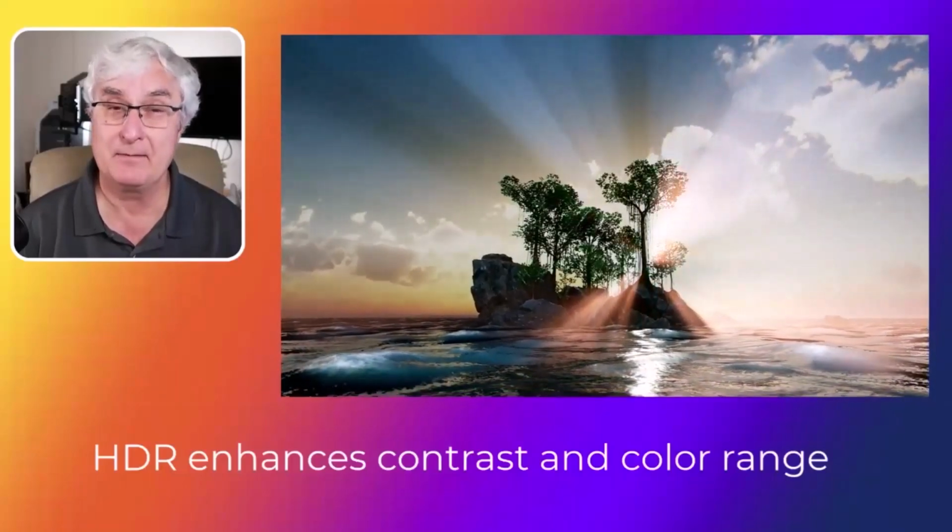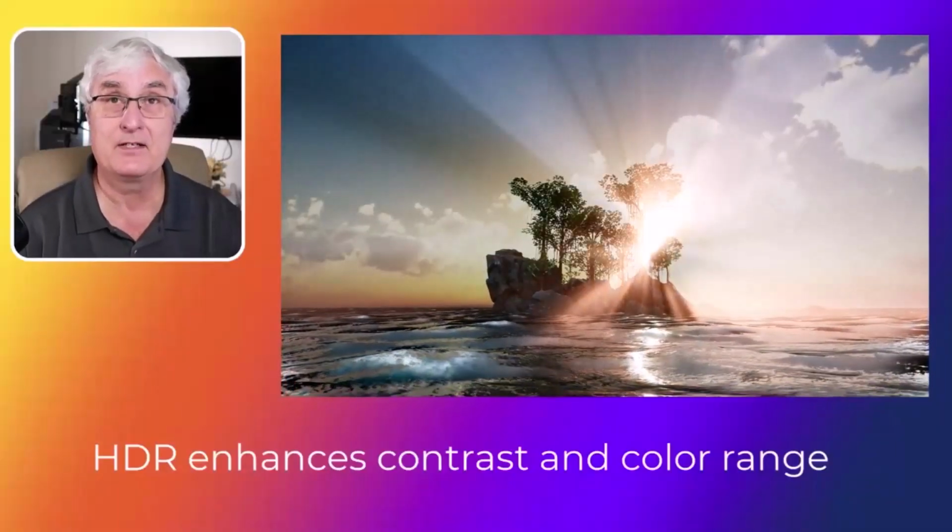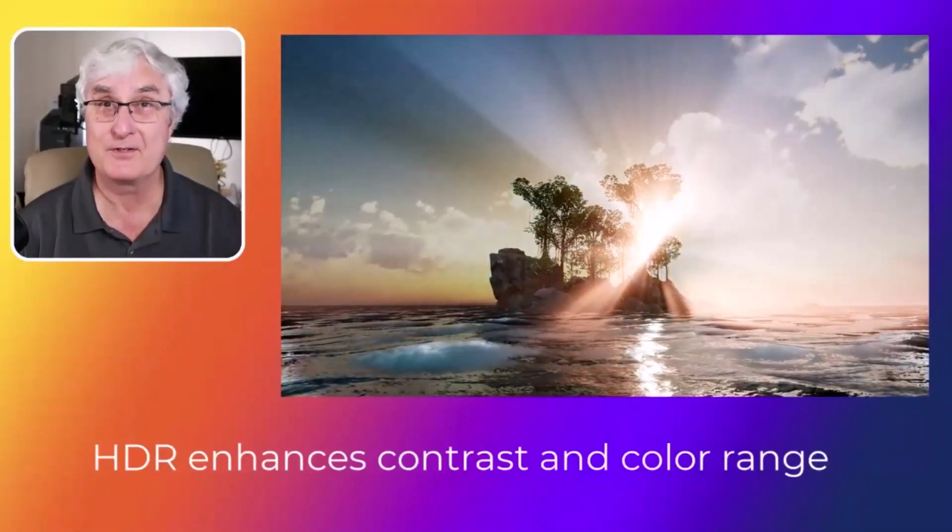Here are some of the key points. Contrast: HDR increases the difference between the darkest and brightest parts of the screen. Color range: it supports a wider range of colors, making the images look more lifelike. And brightness: HDR can display brighter whites and darker darks, enhancing the overall viewing experience.